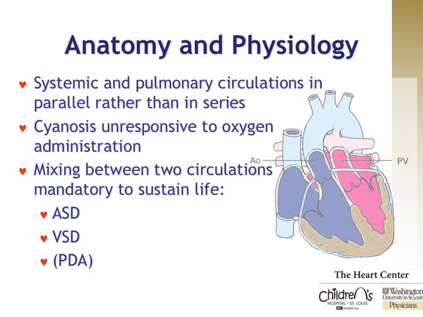So a child with an intact ventricular septum and an intact atrial septum is not going to survive with just a PDA, because the PDA generally is a systemic to pulmonary shunt. And what we're trying to accomplish is blood getting from the pulmonary circulation over to the systemic side. And there's very little bidirectional shunting possible with most PDAs.